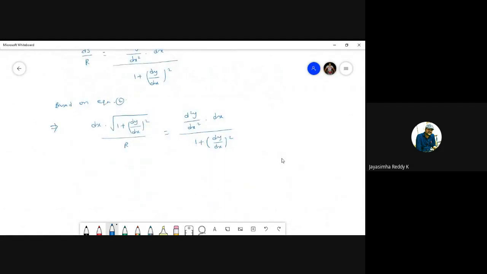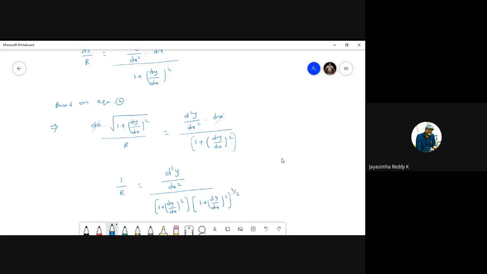Now let me make 1 by r as subject, so that this numerator term will go into the right side denominator. So if this goes into right side denominator, students, here dx gets cancelled. And this numerator term I just wanted to make it into downside, so that this becomes d square y by dx square by 1 plus dy by dx whole square multiplied by 1 plus dy by dx whole square to the power of 1 by 2, right?